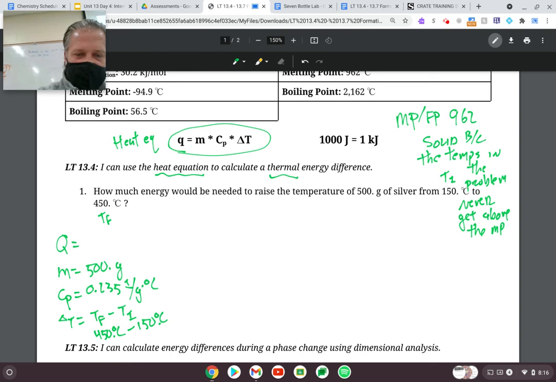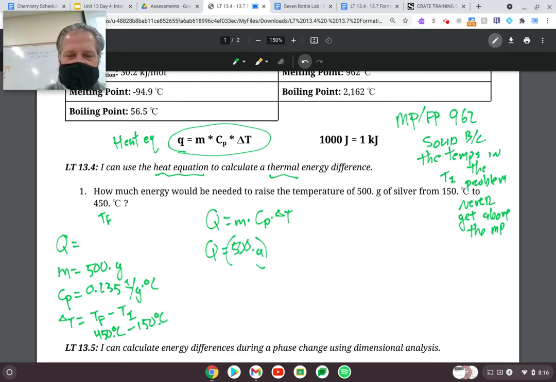So now I'm just going to use my formula. Q is equal to mass times specific heat times change in temperature. I'm going to substitute in the 500 grams, the 0.235 joules per gram per degree Celsius, and then TF is 450 degrees Celsius minus 150 degrees Celsius.